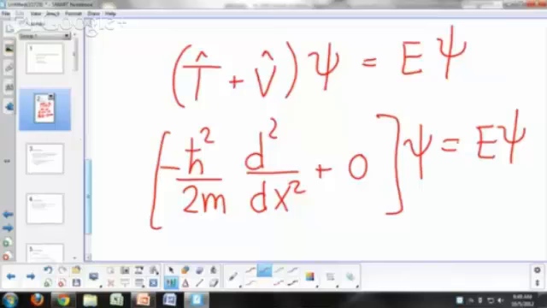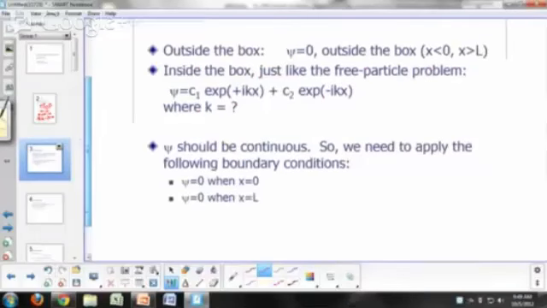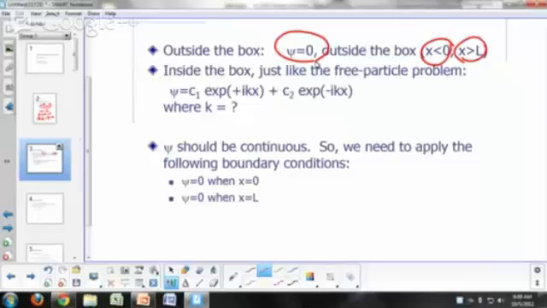Whereas in the free particle, we had no restrictions on where the particle could be. So outside the box, psi must be equal to 0. If the probability of finding the particle outside the box is 0, then psi squared must be 0 everywhere outside the box. Outside the box means x less than 0 and x greater than L.